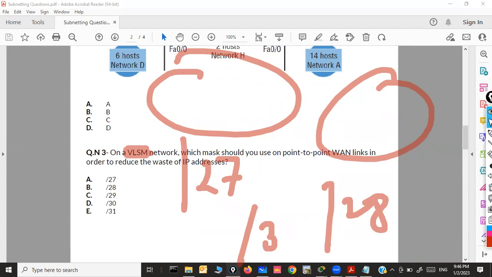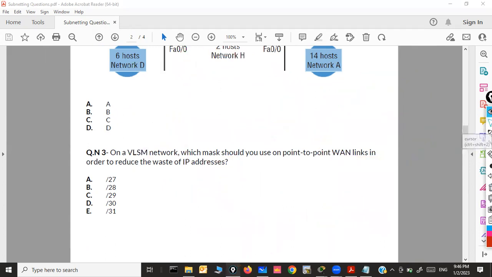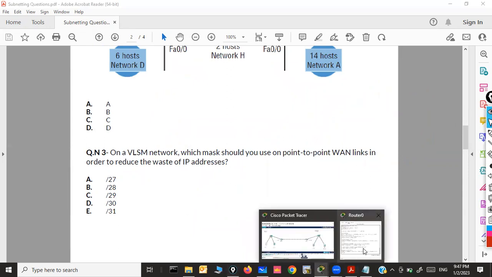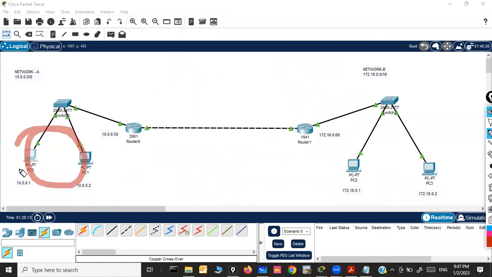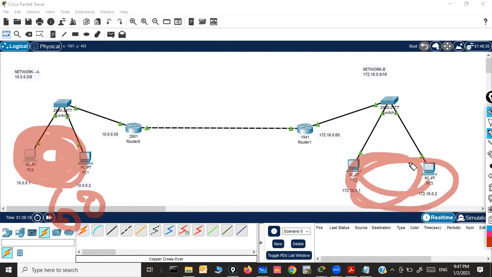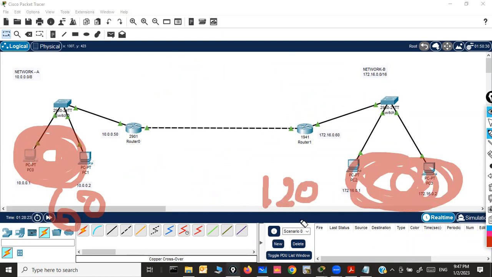And if you look at this example, here let's say you want 60 computers. Here you want to create a LAN network of 120 computers, and here only 2 IPs.